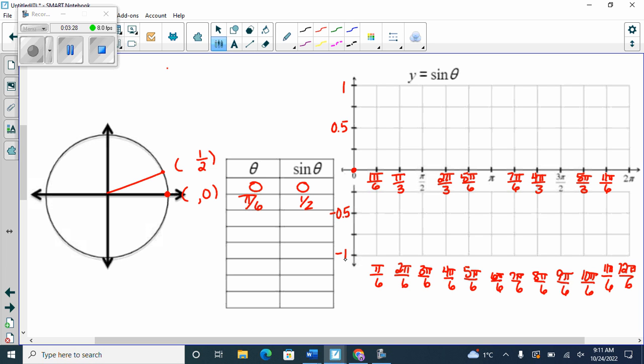So we have 0 with pi over 6 and a half. And then in between those, we actually have pi over 4 if we want to put it. It's root 2 over 2, which is 0.707 something. So in the middle here. Pi over 3 is root 3 over 2, which is 0.8660.